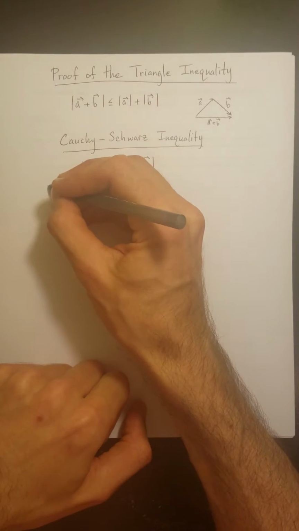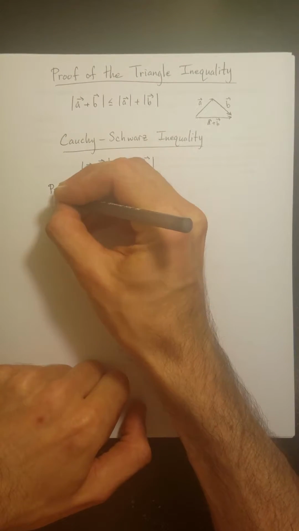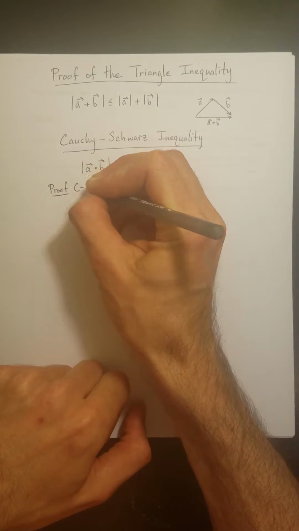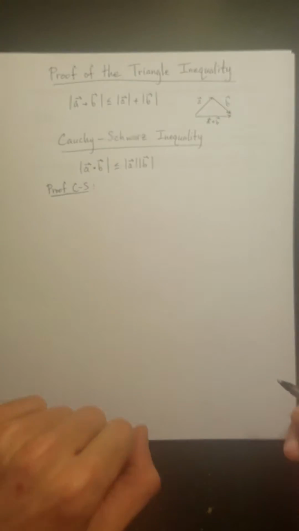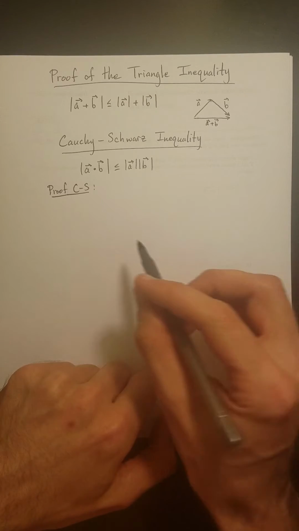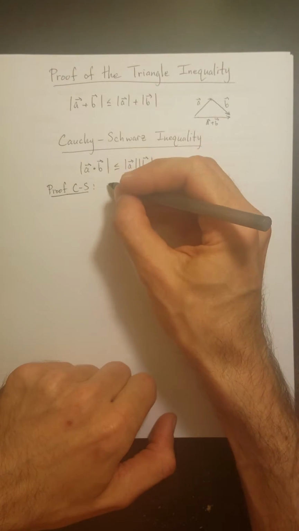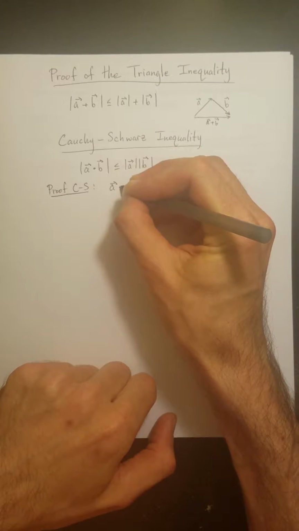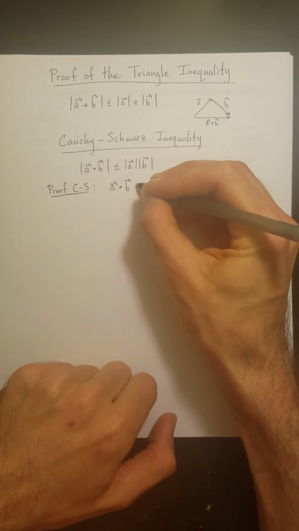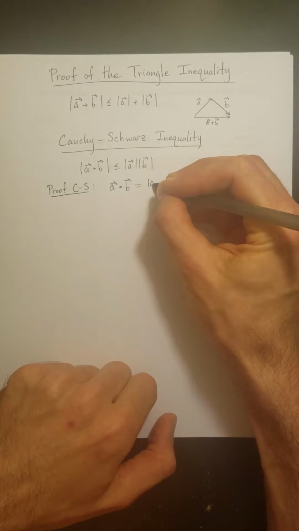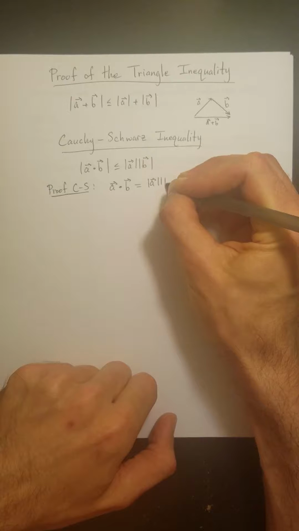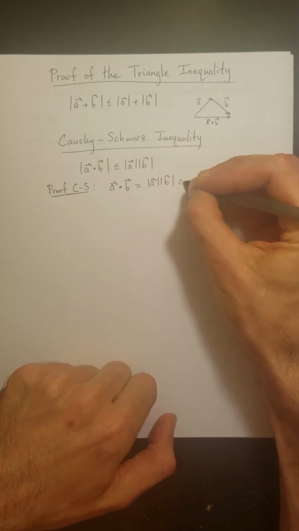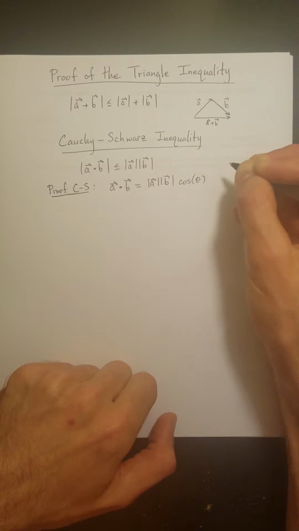And so to prove this Cauchy-Schwarz inequality, all we have to do is think about our geometric interpretation of the dot product. So we know that the dot product of a and b is just equal to the product of the lengths of a and b times cosine of the angle between the two vectors.